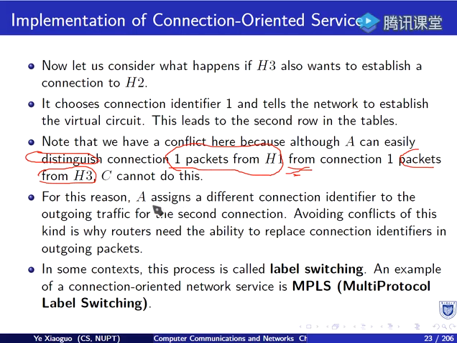For this reason, A assigns a different connection identifier to the outgoing traffic for the second connection.